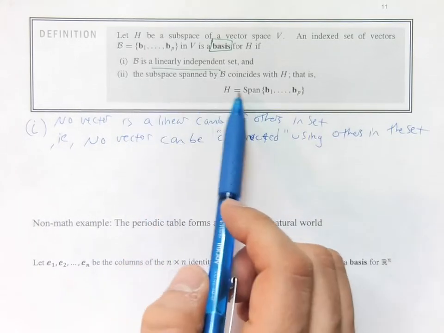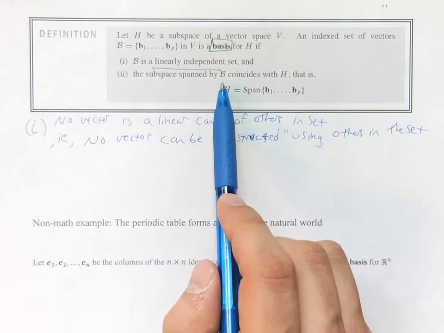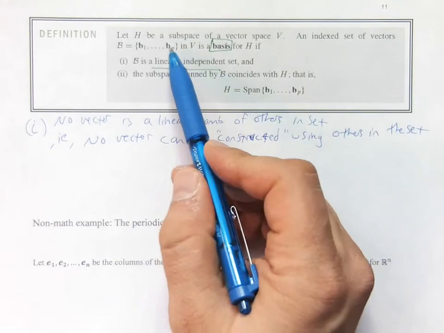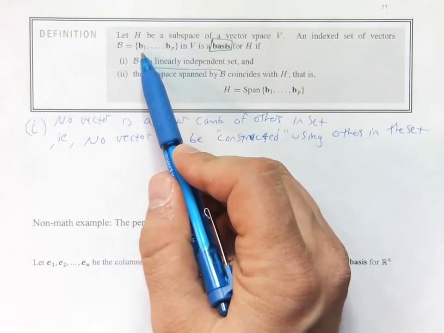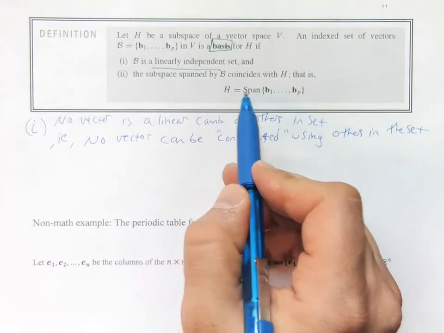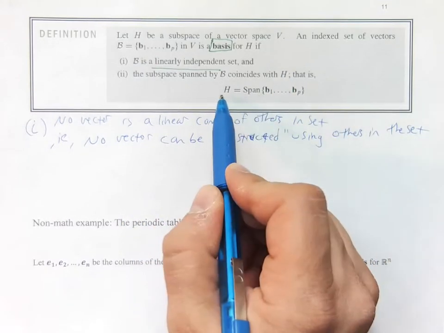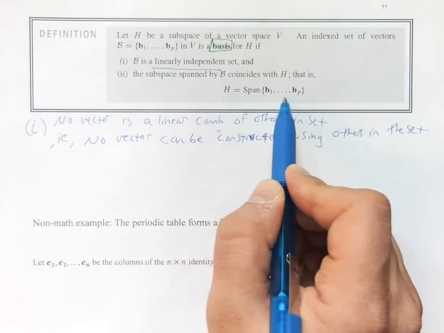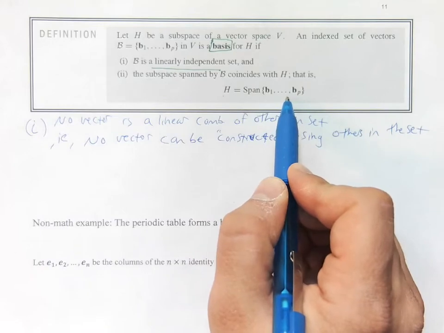The second one I feel like is phrased a little bit strange here. The subspace spanned by beta coincides with H, that is, H equals the span. In other words, the whole point of something being a basis is that you can construct any of the vectors in that space. And so H equals the span of the vectors means that anything in the space H can be written as a linear combination of the vectors in the basis.